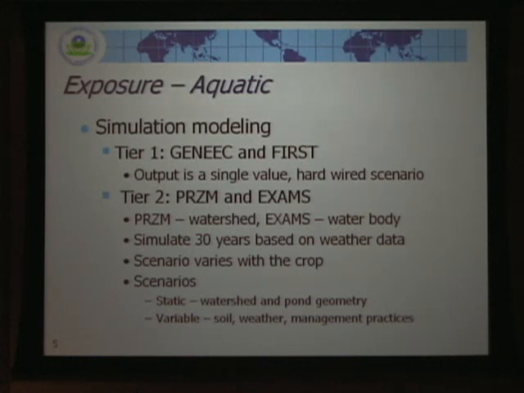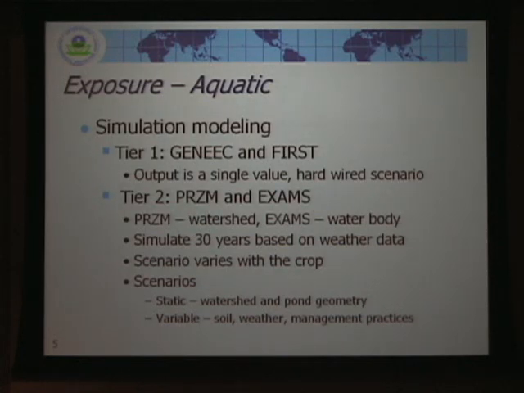The key difference between Tier 1, which is this hardwired scenario, and Tier 2 is the scenario. And the scenario, in a lot of ways, is how we set the level of risk that we are concerned about. And that scenario varies from crop to crop. Scenarios have two parts. There's a static part that doesn't actually change from place to place.